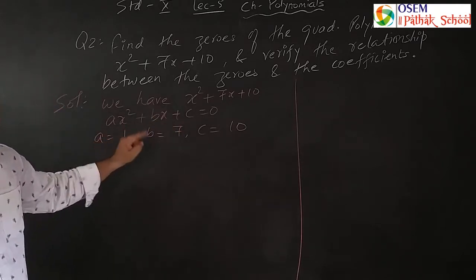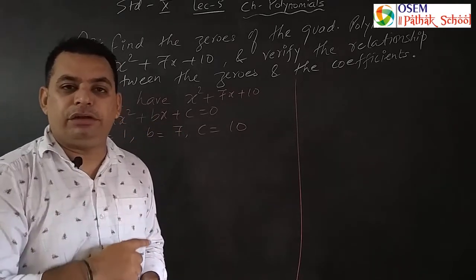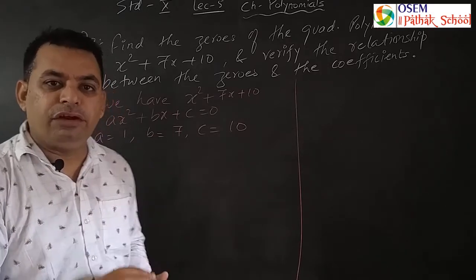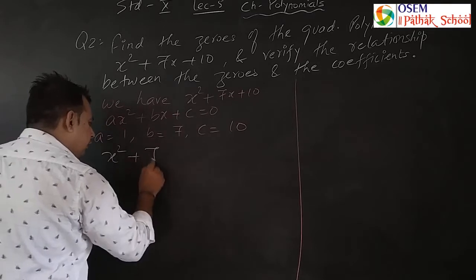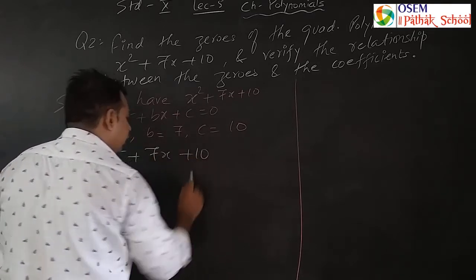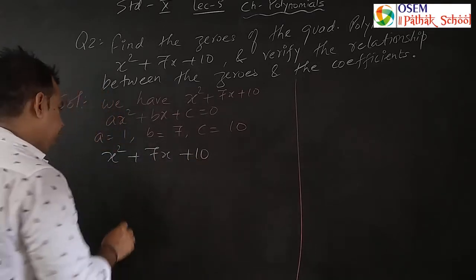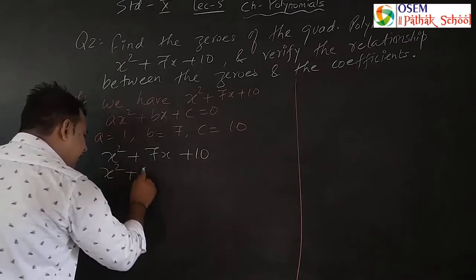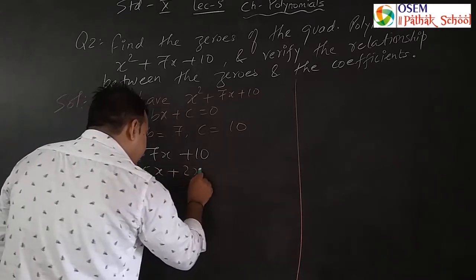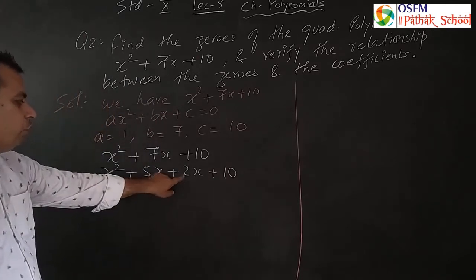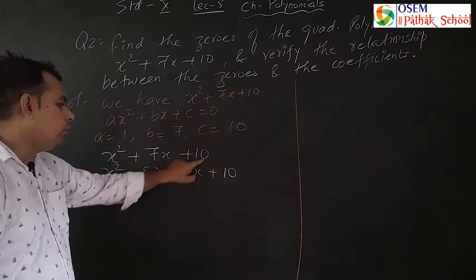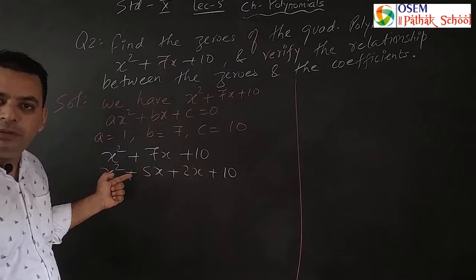Now what will we do? We will factorize it. I am factorizing x square plus 7x plus 10 to get 0. x square plus 5x plus 2x plus 10, because 5 plus 2 is 7 and 5 into 2 is 10. The middle term is getting split.